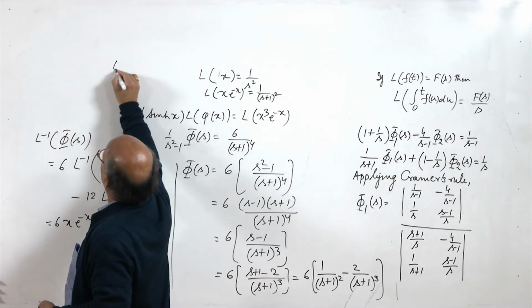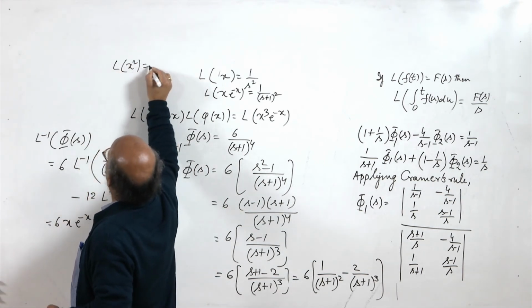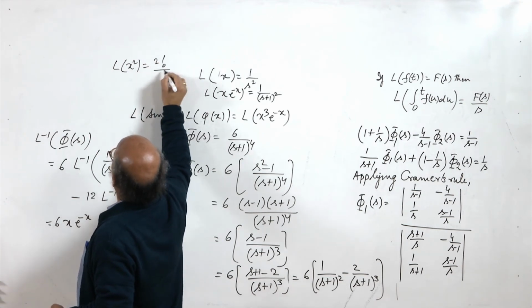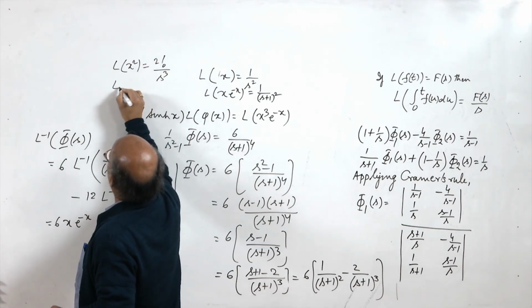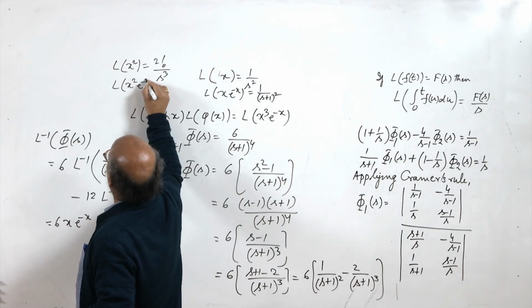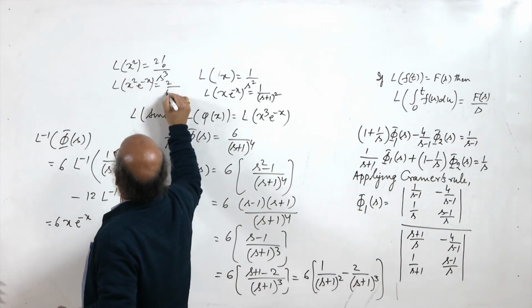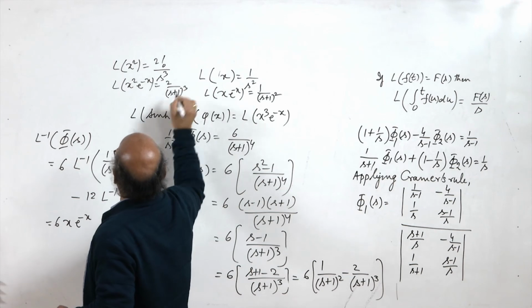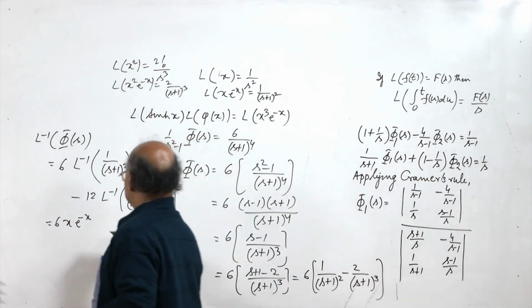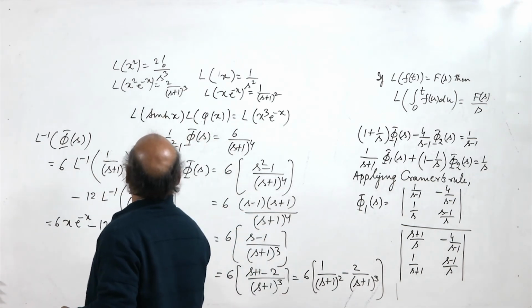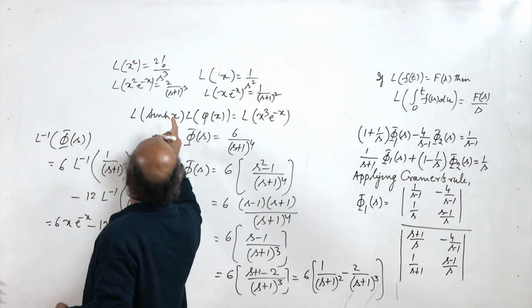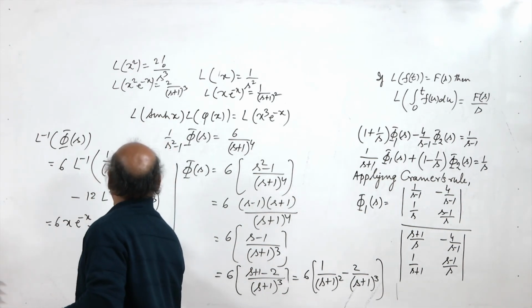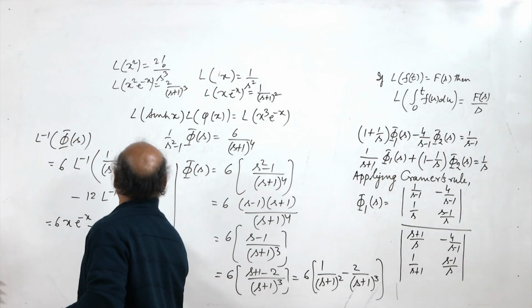The Laplace transform of x square is 2 factorial by s cube, and the Laplace transform of x square e to the power minus x is 2 upon s plus 1 whole cube. So, minus 12 times L inverse of 1 over s plus 1 whole cube will be x square e to the power minus x divided by 2.